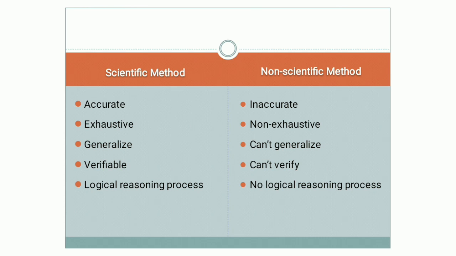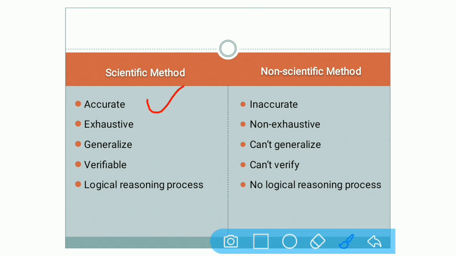Then the scientific method is more accurate, as we said, because it is analyzed by the experts and collected by the qualified people, so accuracy is more in the scientific method, while there is no accuracy in the non-scientific method. It is fully inaccurate. Why?